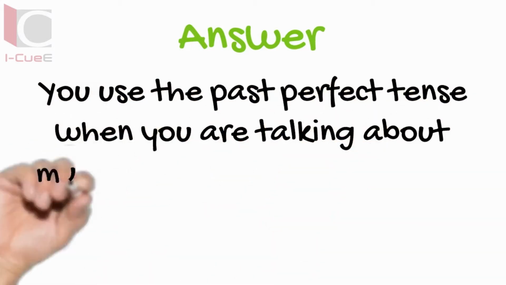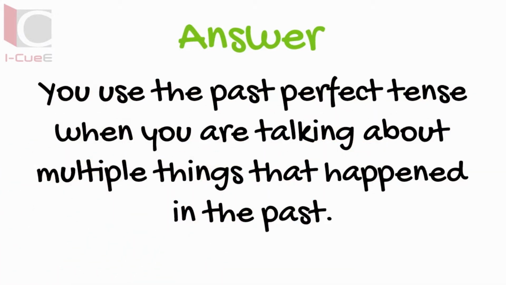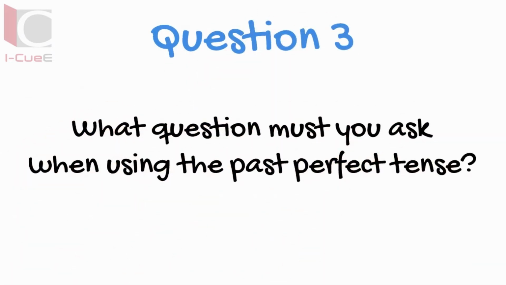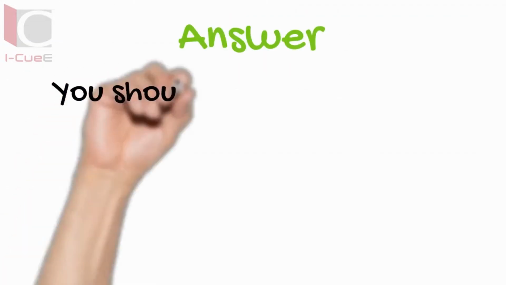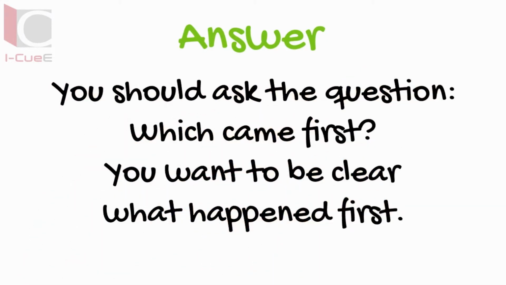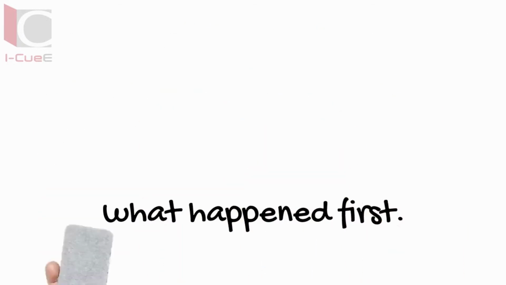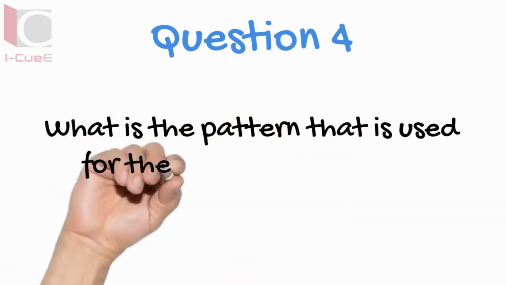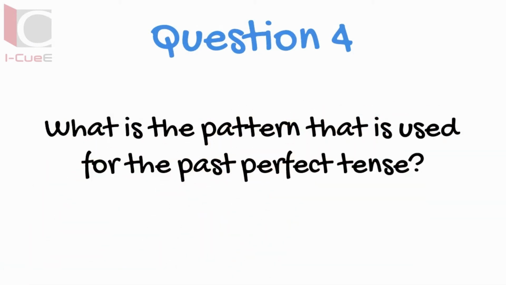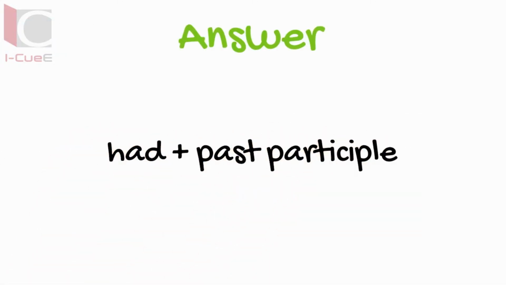You use the past perfect tense when you are talking about multiple things that happened in the past. What question must you ask when using the past perfect tense? You should ask the question, which came first? You want to be clear what happened first. What is the pattern that is used for the past perfect tense? Had plus past participle.